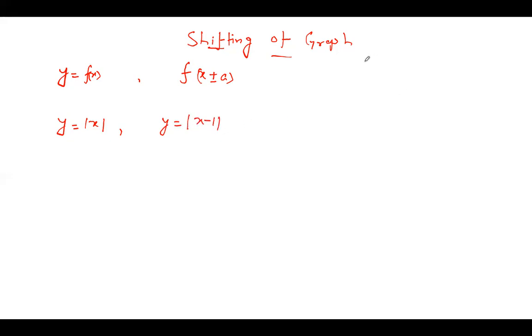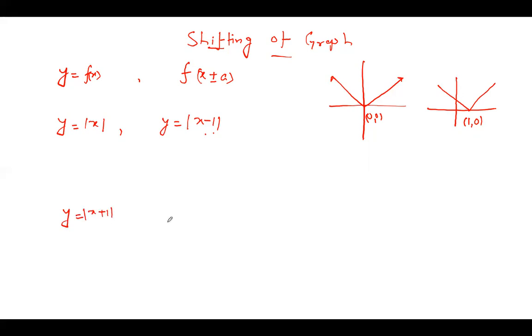See, y is equal to mod x is a graph something like this, right? We have already seen this. x minus 1 is in the mod, so we have to move this graph. If there is a minus sign, minus 1 is there, so you have to move this graph to the right by 1. So the graph in that case will be this complete thing shifting from 0 to 1. What if I'm saying you have to draw the graph for y is equal to mod of (x plus 1)?